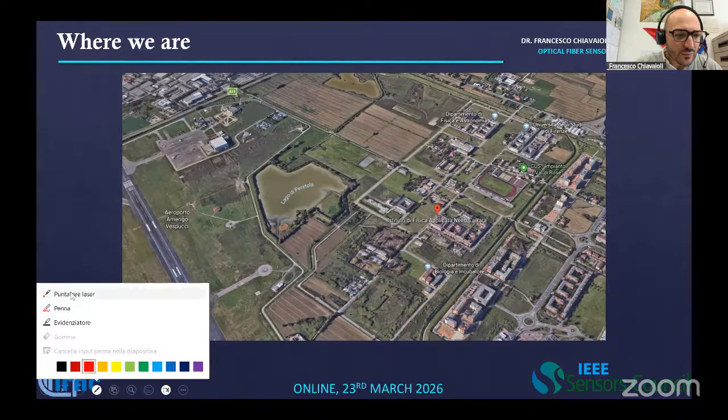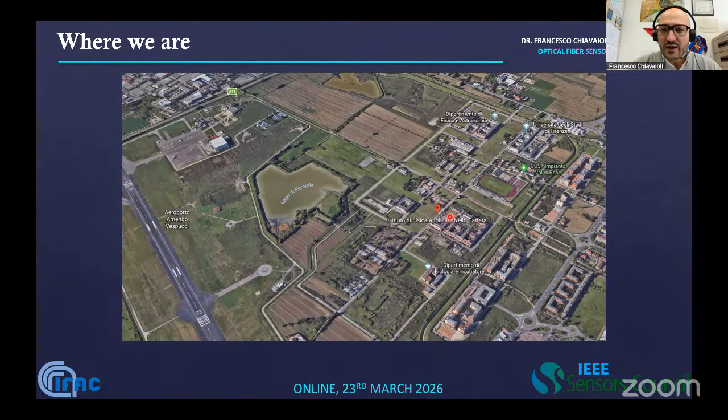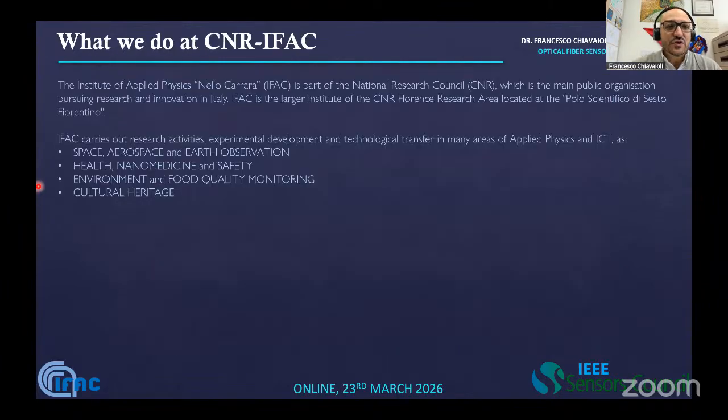This is our institute here, and this is the scientific campus of Florence University, which is, you can see, very close to the airport. And the institute to which I belong is the Institute of Applied Physics Nello Carrara, a part of the CNR, the largest public research institution in Italy.